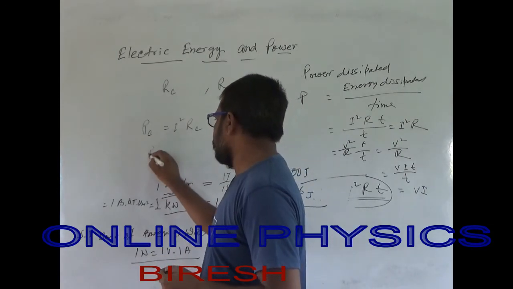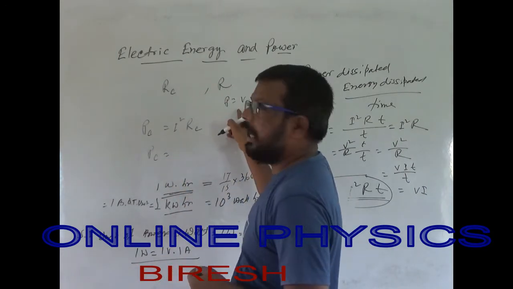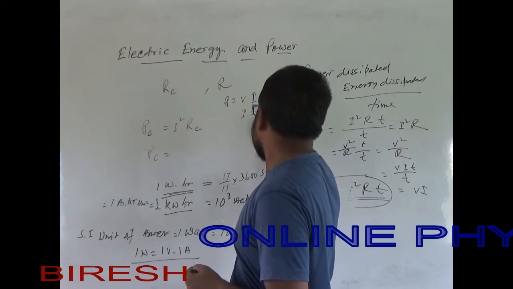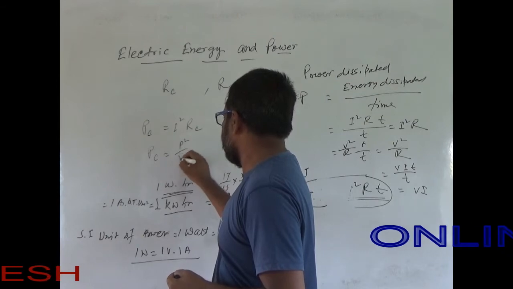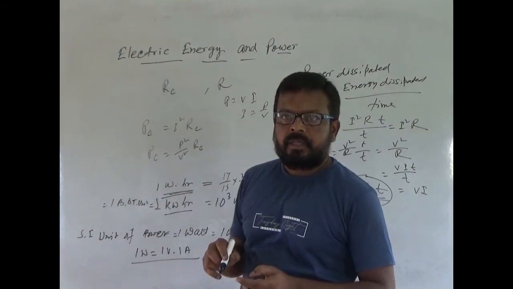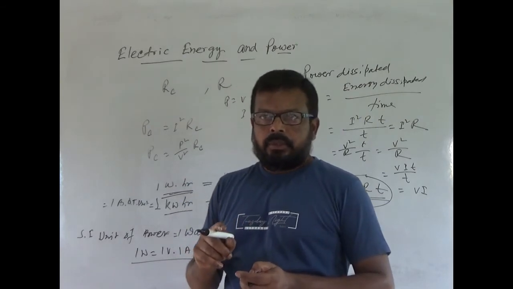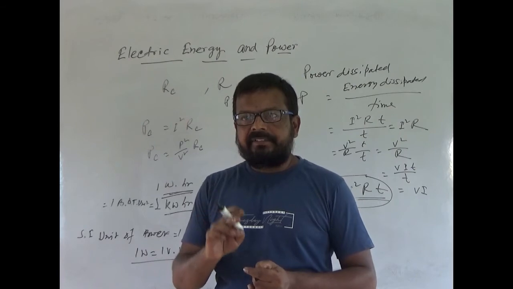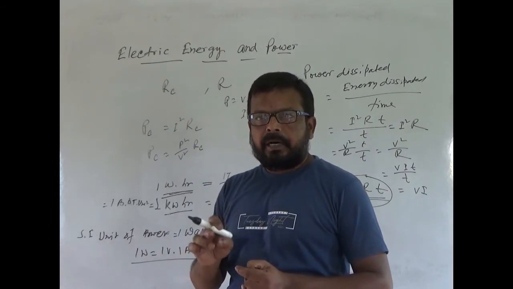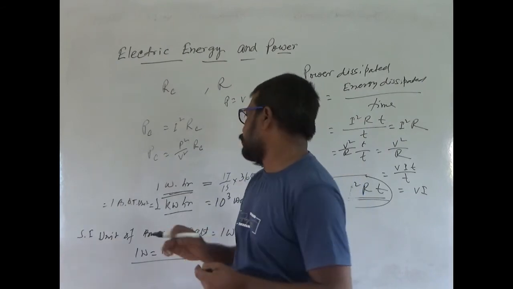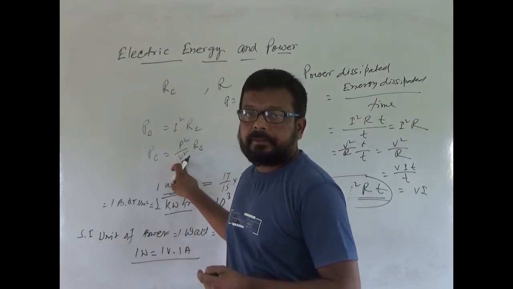Or we can write, from here, I equals P by V, so PC equals P square by V square into RC, right? Thus, to drive a device of power P, the power wasted in the connecting wire is inversely proportional to V square.